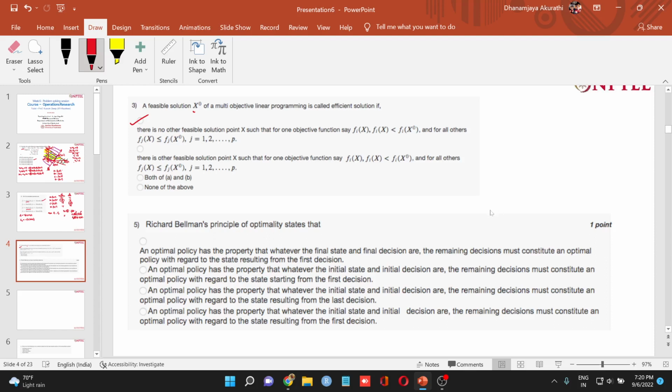Each subproblem has only one variable or a few variables, so that at each subproblem or stage we can find the optimal solution, and then integrating those optimal solutions we can find the final optimal solution.